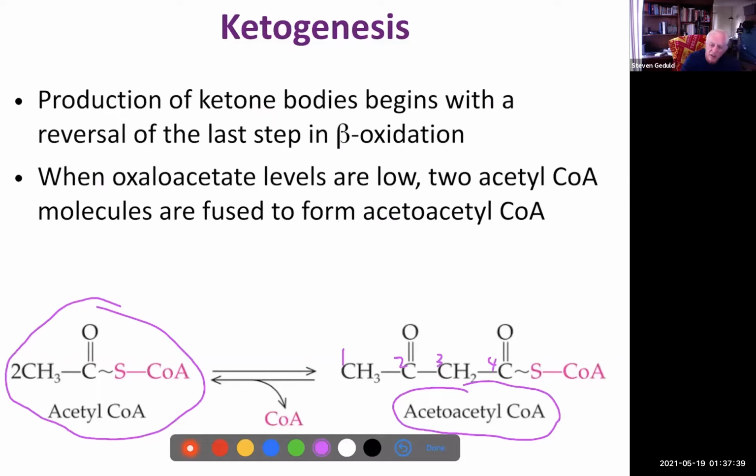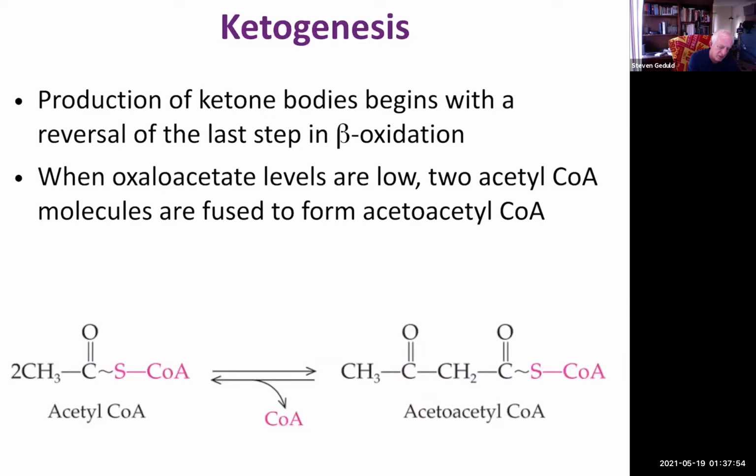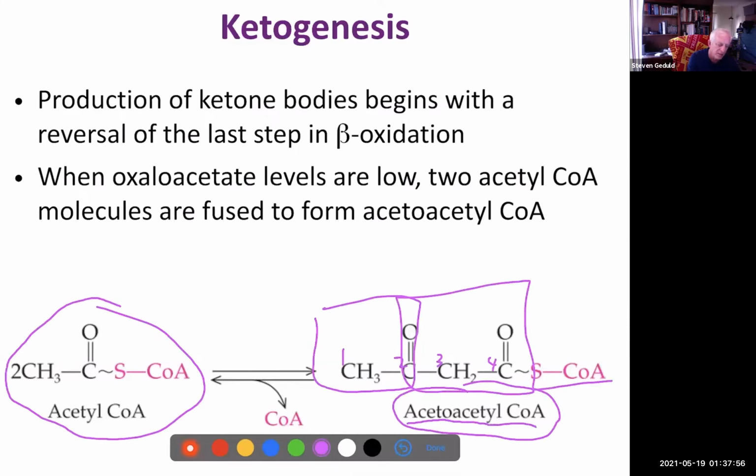Acetyl is a 2-carbon group, so two of them make a 4-carbon group with coenzyme A. You have two 2-carbon groups fusing together with your coenzyme A, and that's called acetoacetyl coenzyme A. It's made from 2 acetyl coenzyme A molecules that are building up in the body.